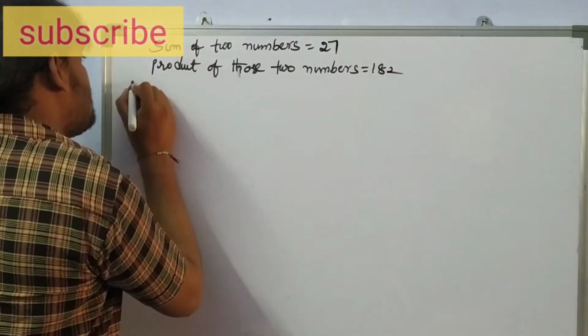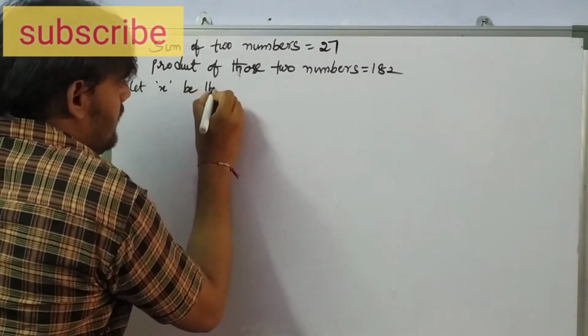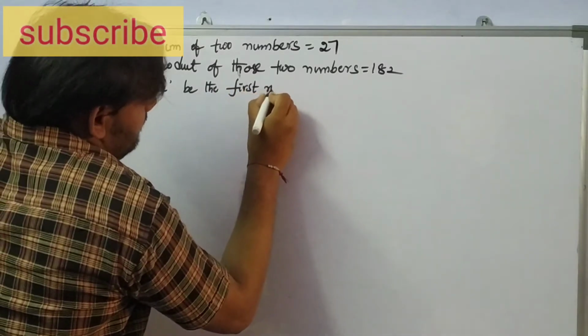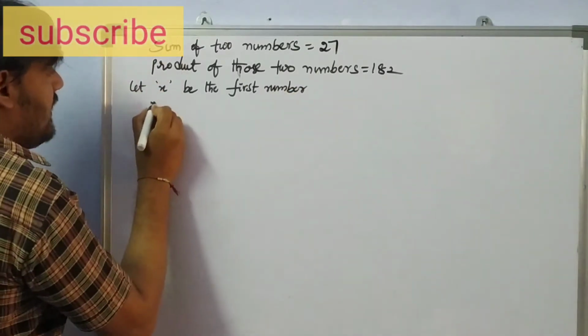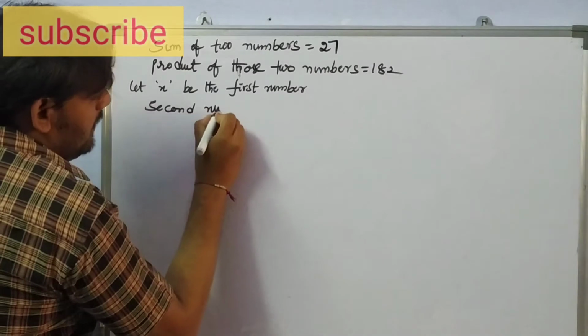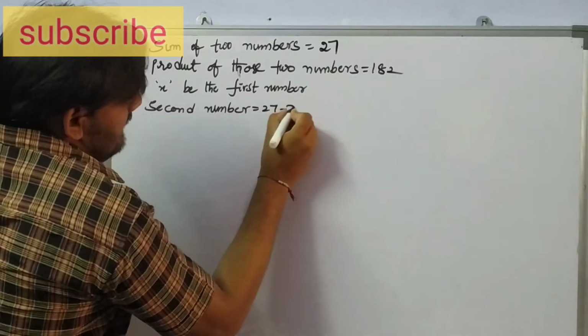Now let x be the first number. So the second number is equal to 27 minus x.